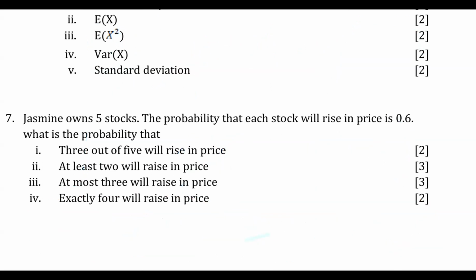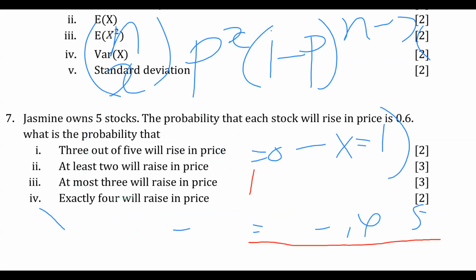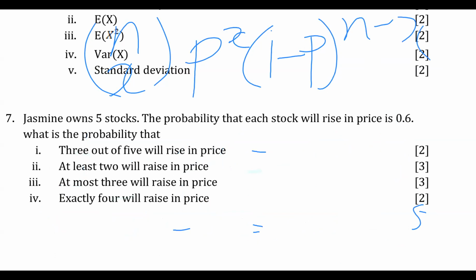So now you will calculate the probability that x will be 0, and the probability that x is 1. You add them together, you subtract them from 1.